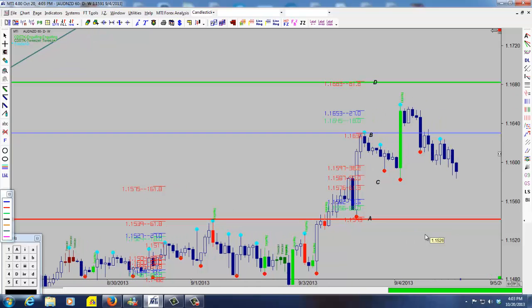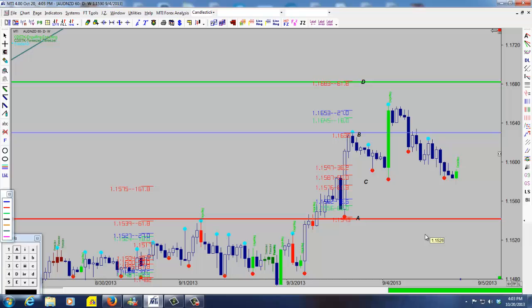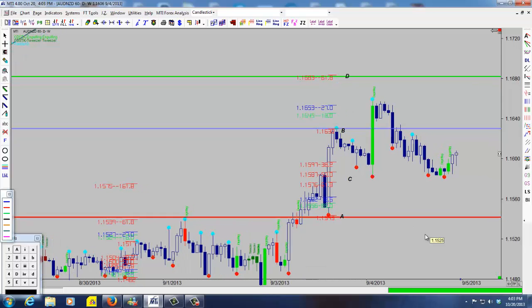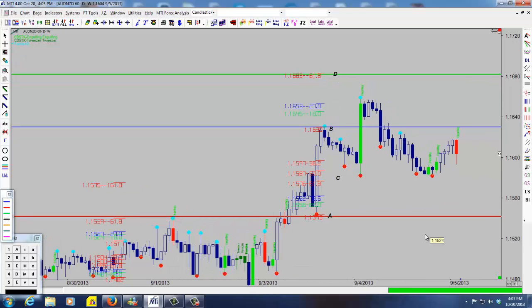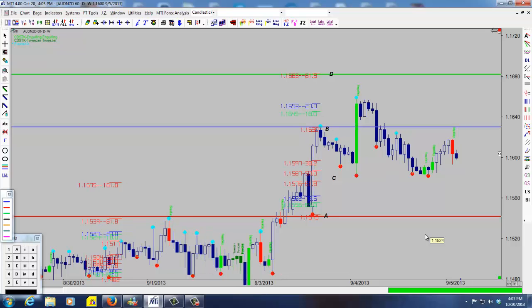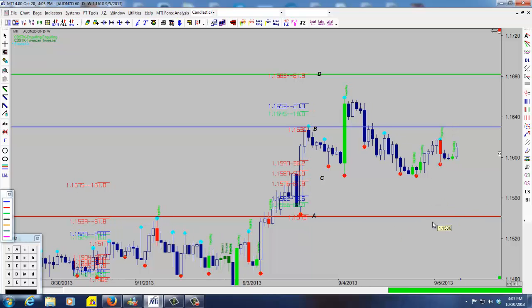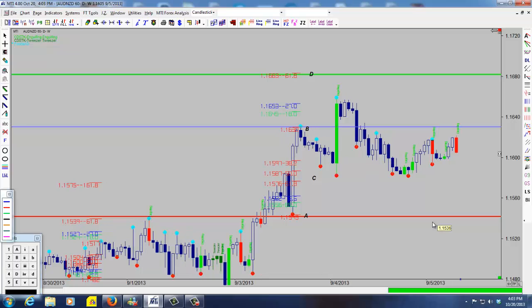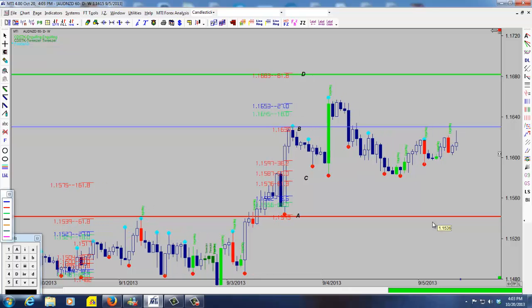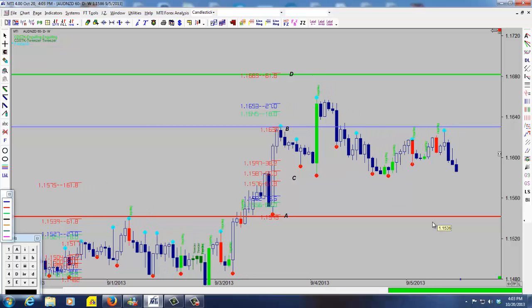Price comes around. And we are just working our way up here. And I'm ignoring all this. This makes no difference to me now. This is in the past, right? We're just looking for an opportunity. We're looking for the trade setup. And right at the moment, I don't see a trade setup.